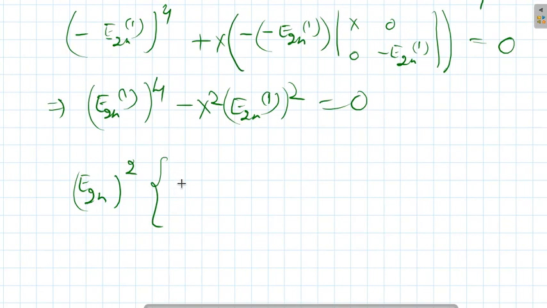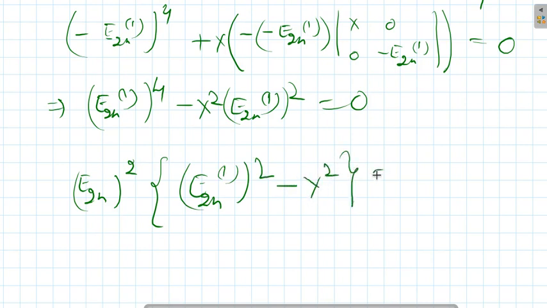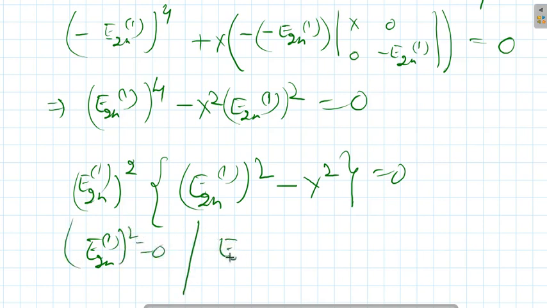So if I take it out, it is E2N1 whole square minus x square is equal to 0. This is possible if E2 and 1 its whole square is equal to 0, or E2 and 1 whole square minus x square is equal to 0.